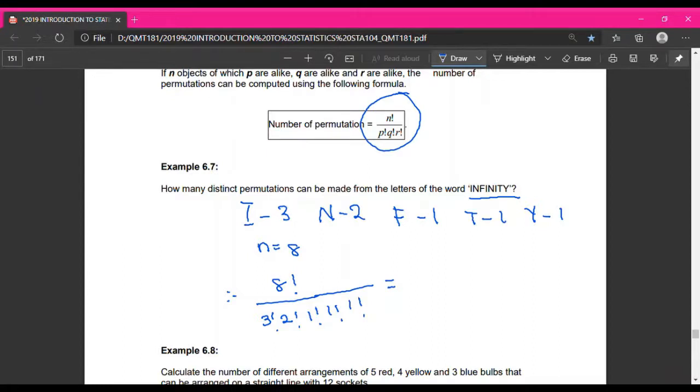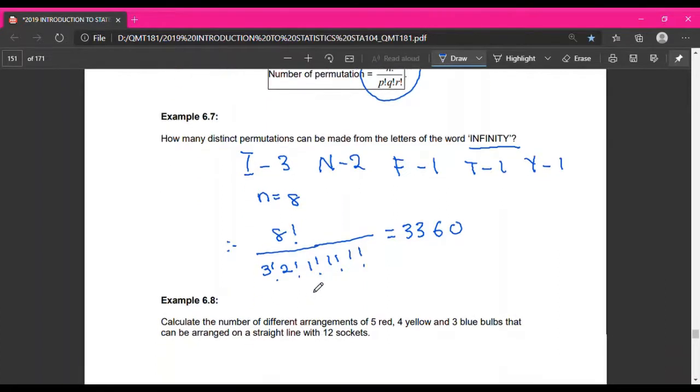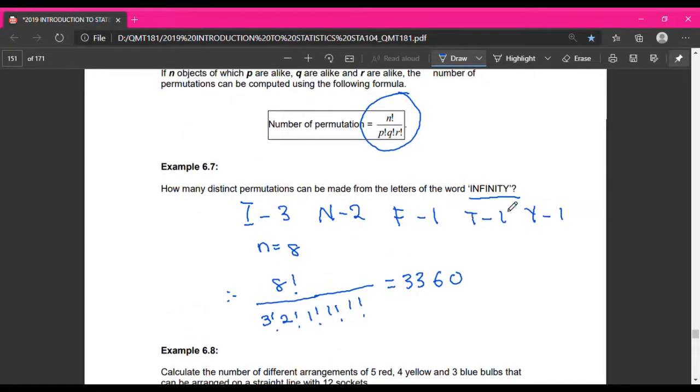So, then kira 8 factorial divide dengan 3 factorial multiply 2 factorial. So, the answer will be 3360. Okay, kena gunakan this formula if ada item yang sama.